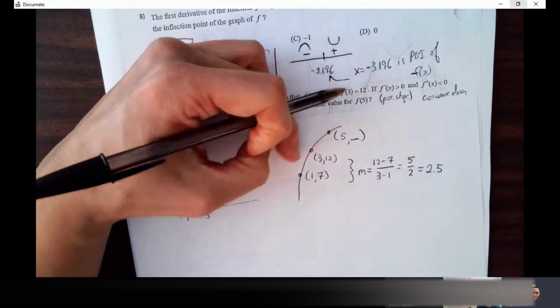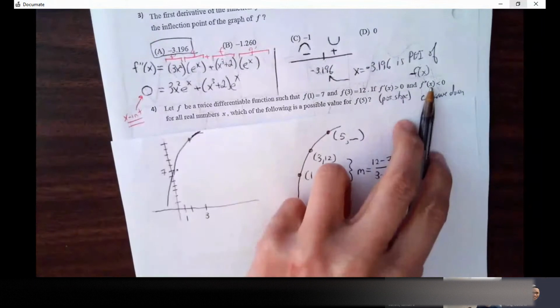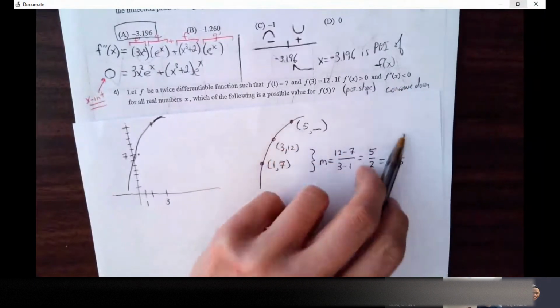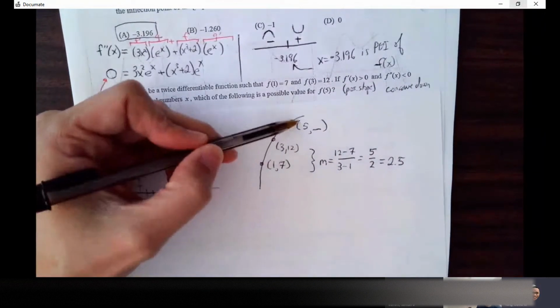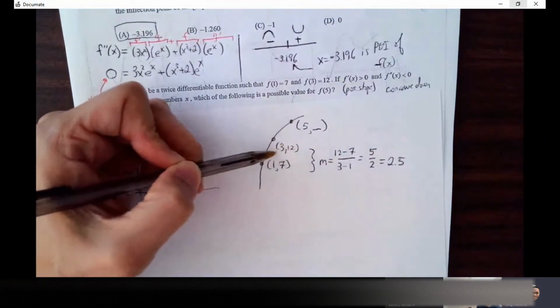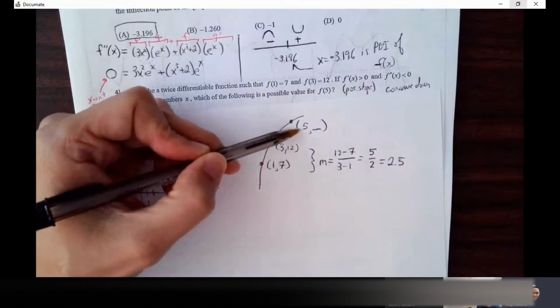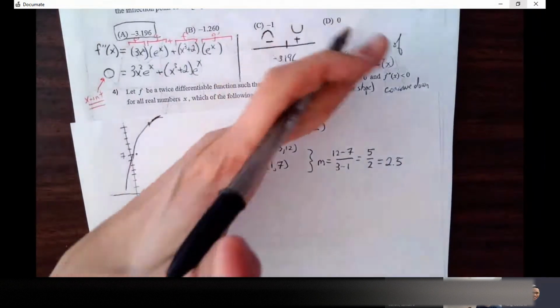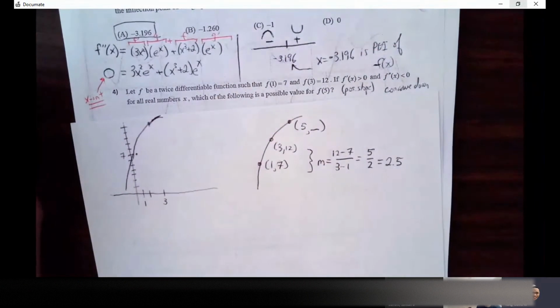If it's not less than 2.5, then we're not maintaining the property that they're giving us. So whatever the slope is between the next 2 order pairs, first it has to be positive, but it has to be less than 2.5, and the progression of the slope has to keep decreasing while still maintaining a positive value.